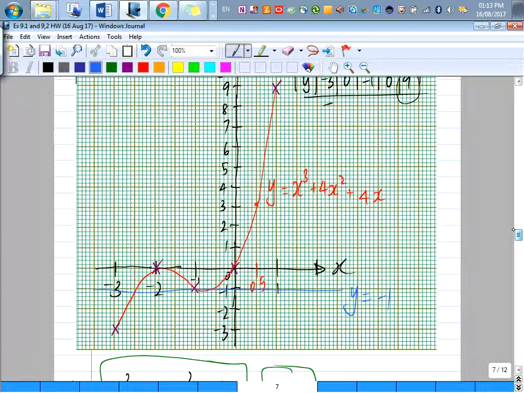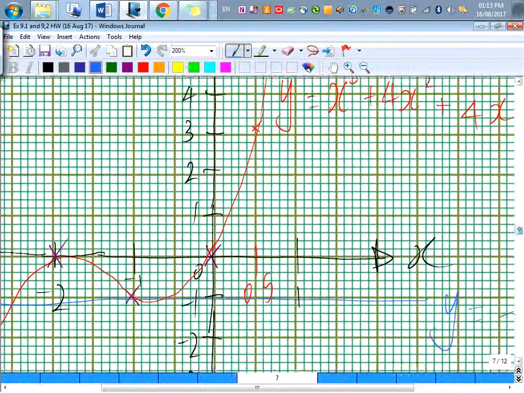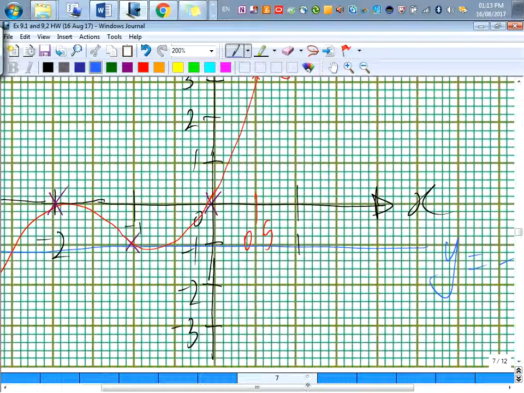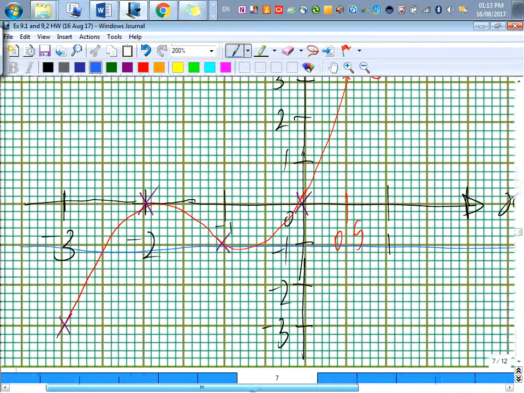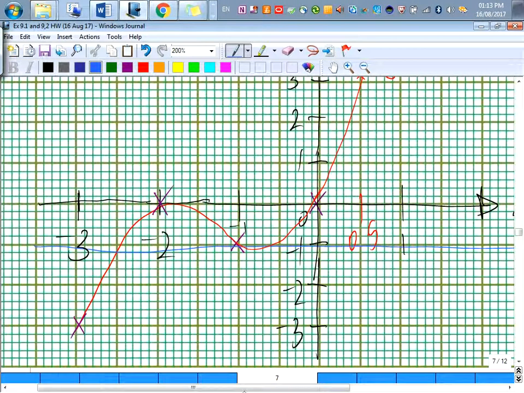Where are the points of intersection? How many points of intersection do you see? How many? 2? Where? 1, 2, 3. There are 3 points. There are 3 solutions. So the first solution over here, part B, label down what is the value.